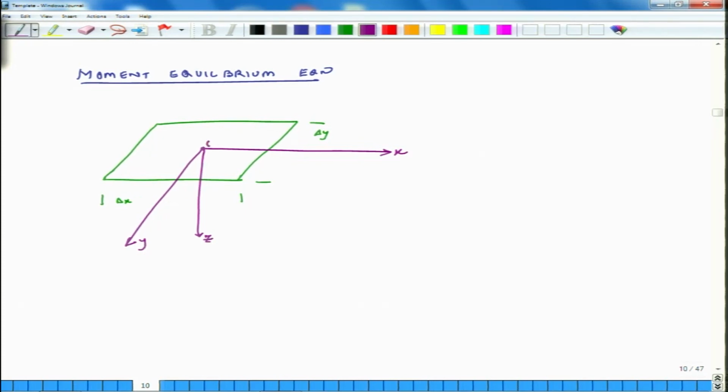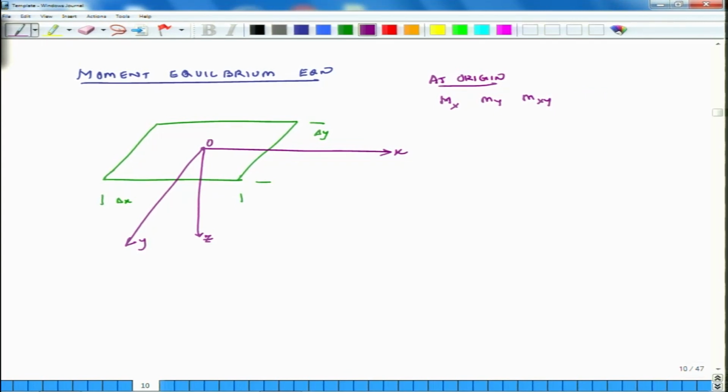At the origin, which is O, we will list down all the moments which are present. So, at the origin we have Mx, My, Mxy. These are the moments which are present at the origin.